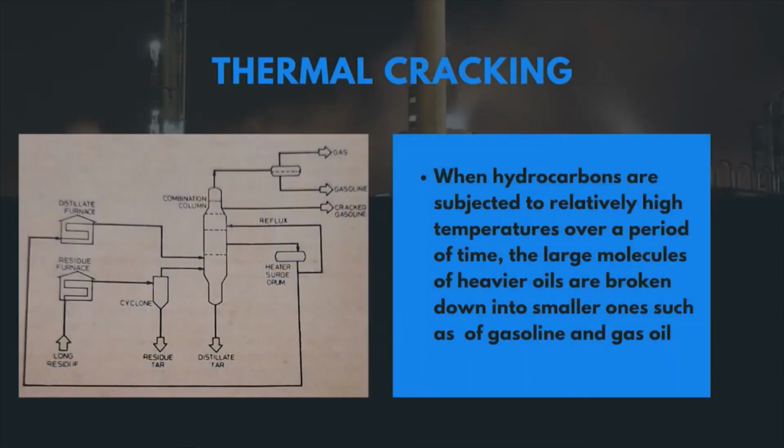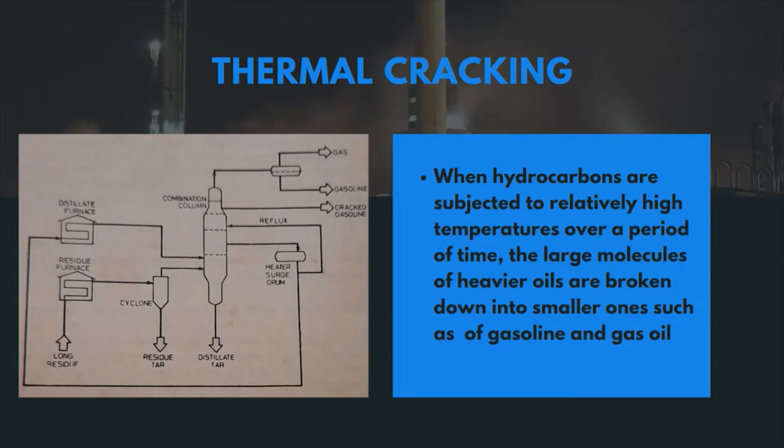Then we move on to the conversion of the residue into valuable products by different kinds of cracking processes. The first one is known as thermal cracking. When the hydrocarbons are subjected to relatively high temperature over a period of time, the large molecules of heavier oils are broken down into smaller ones such as gasoline and gas oil.